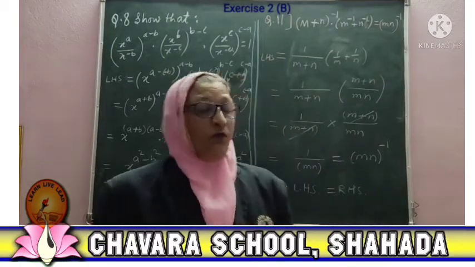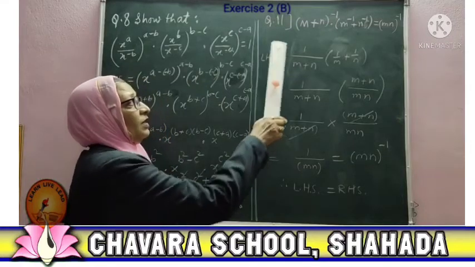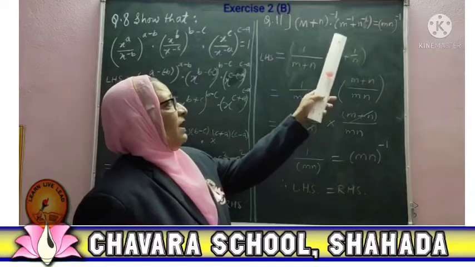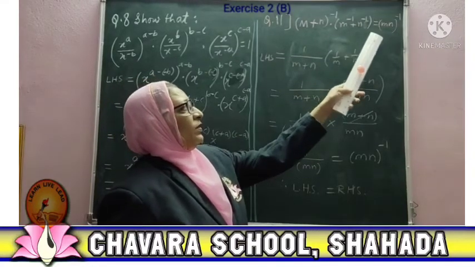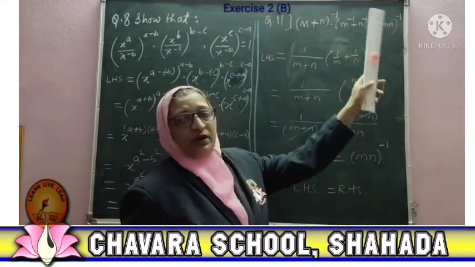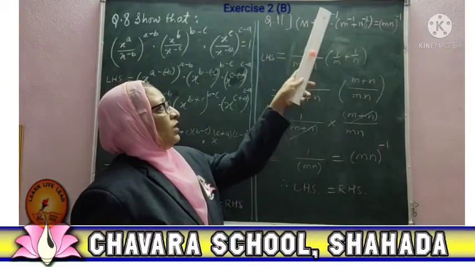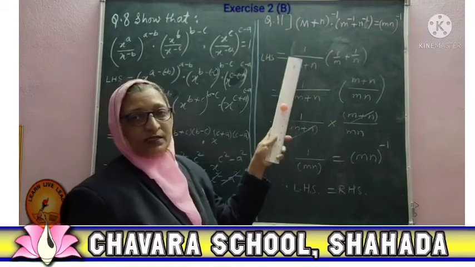Now let's go for question number 11. (m plus n) to the power negative 1 into (m to the power negative 1 plus n to the power negative 1) is equal to (mn) to the power negative 1. To convert the negative power to positive, we will take its reciprocal.